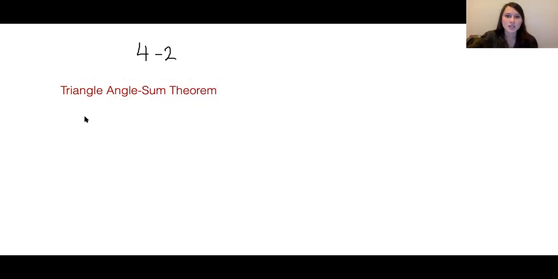This theorem states that if I have a triangle and I add up all the angles to each other, doesn't matter what kind of triangle it is, so let's say this is angle 1, angle 2, and angle 3, if I add up all the angles to each other, it always will equal 180 degrees.